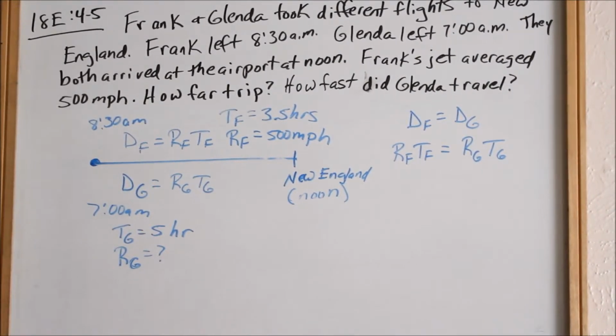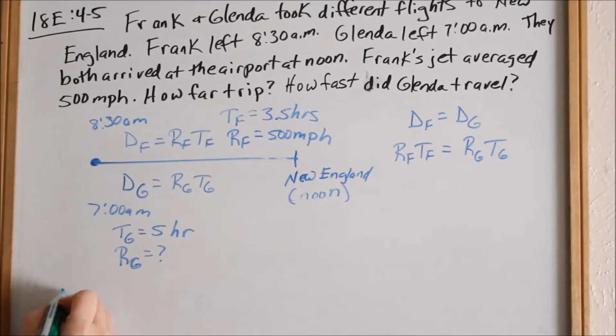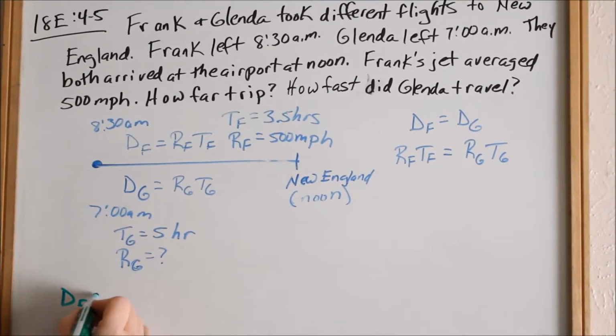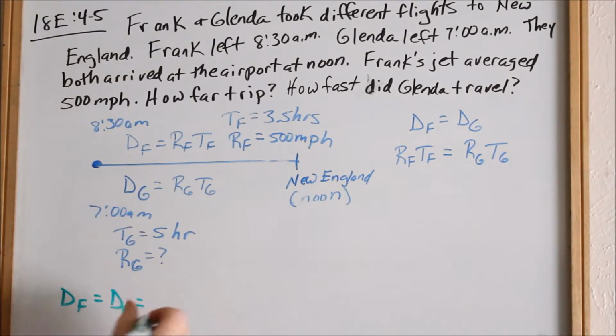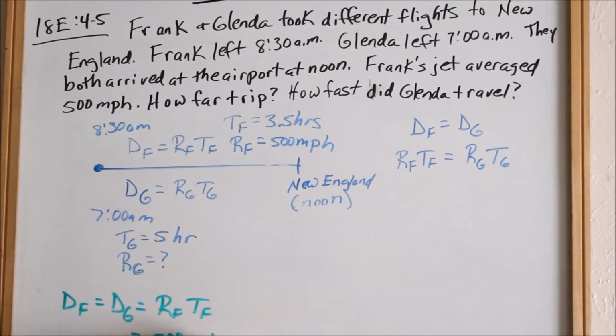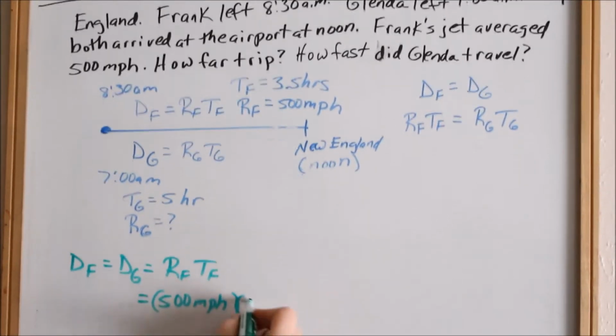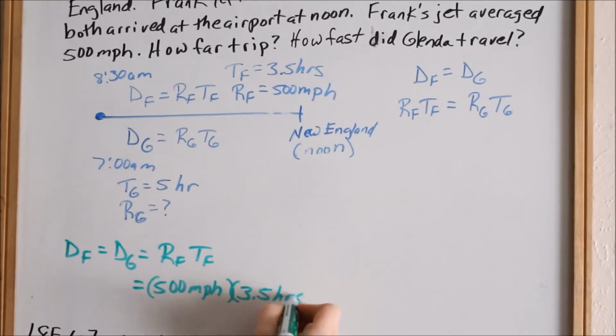So we can actually use Frank's information because Frank's distance equals Glenda's distance. And so Frank's distance is Frank's rate times his time. Okay, so we can take Frank's rate of 500 miles an hour times Frank's time of 3.5 hours.